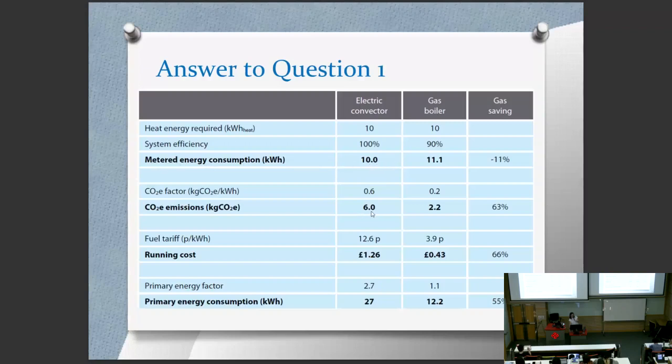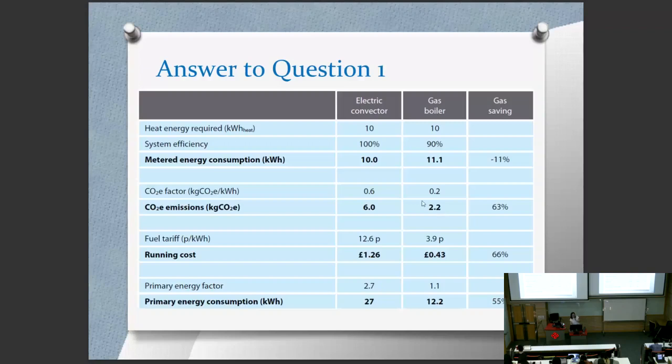And we have 6 for electric heater. And for the gas boiler, the emission factor is 0.2, and the metered energy consumption is 11.1, not 10. You should use 11.1 because this is the actual amount of energy being consumed. So 11.1 multiplied by 0.2, so we have 2.2 kg of carbon dioxide equivalent.